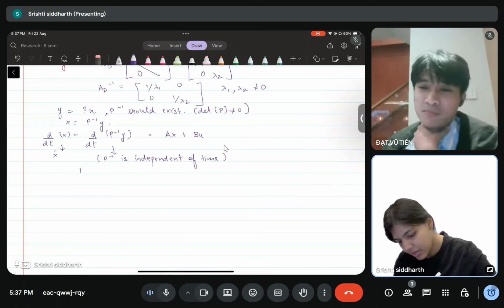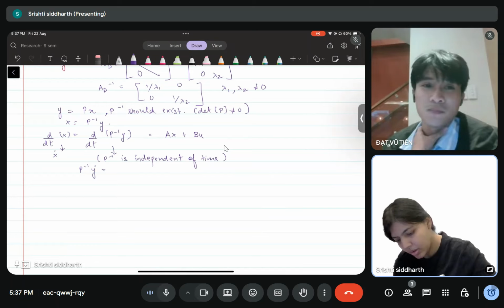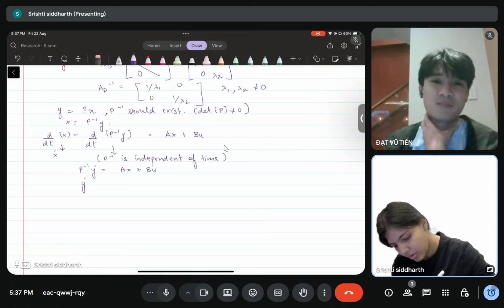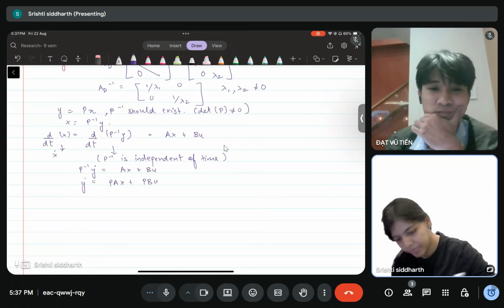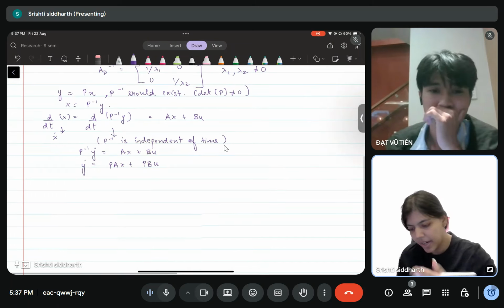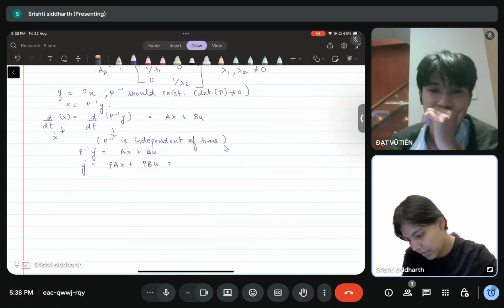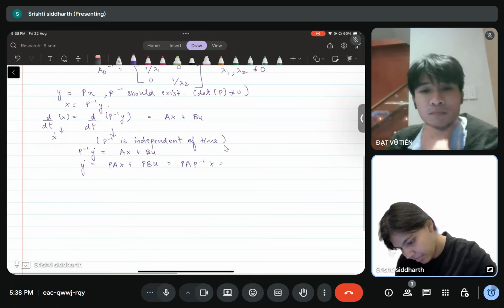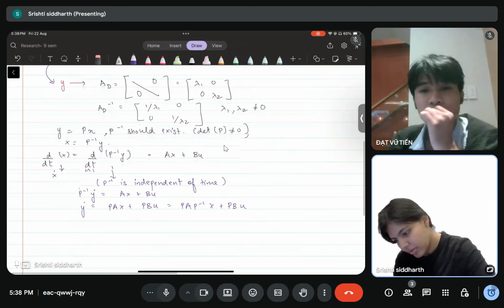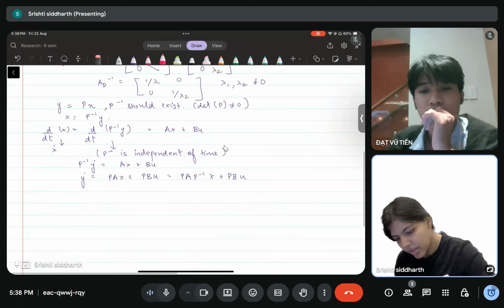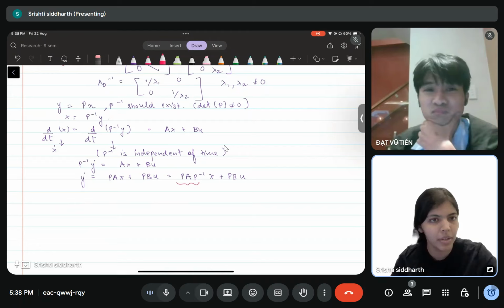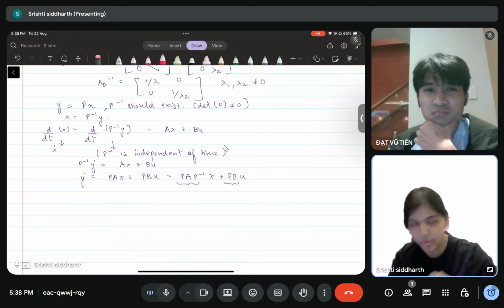This simply means P inverse y dot equals Ax plus Bu, and we can rewrite x as P inverse y. So this is the new state matrix, which is diagonal if we use the modal matrix P, and this is the new input matrix.